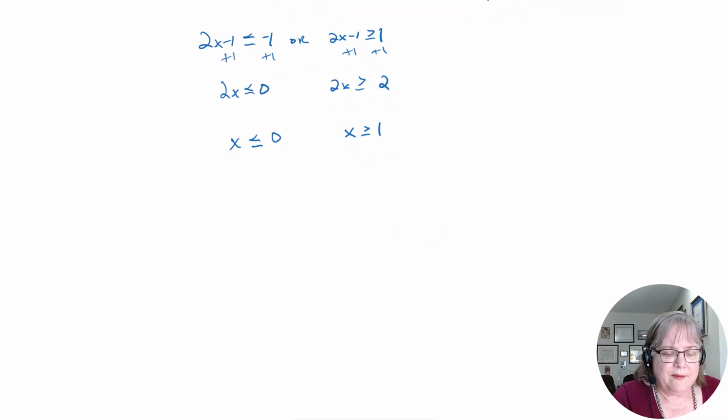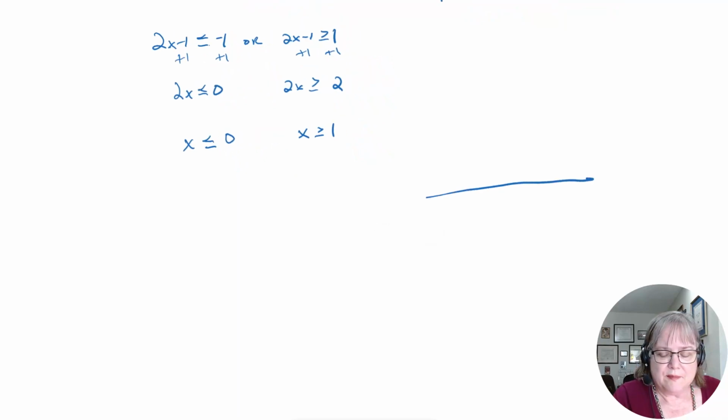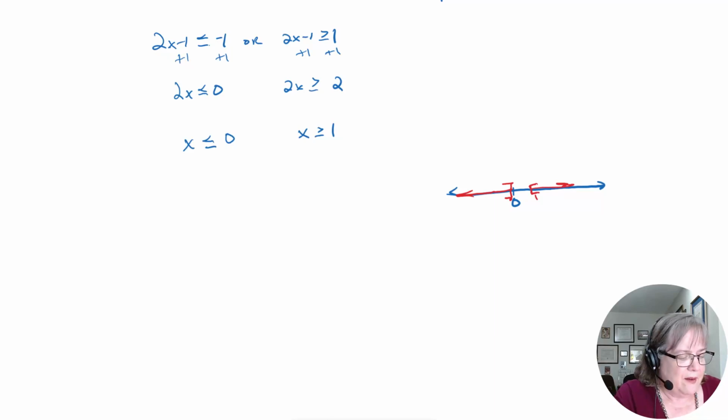So you have from 0 to the left and from 1 to the right. So you have negative infinity to 0.